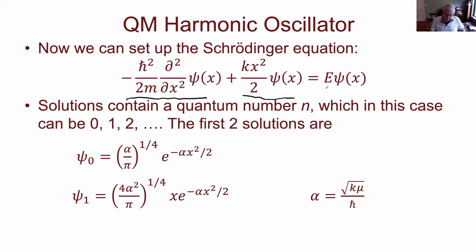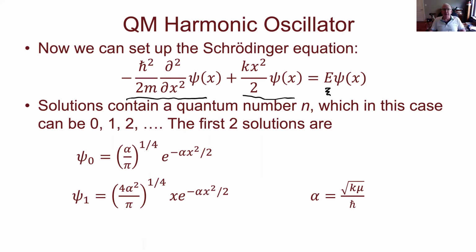When I do that, I get E over here, and that E should be the eigenvalue that's going to tell me the energy of the state for that particular wave function. The solutions to this particular differential equation will again contain a quantum number. If you go a bit more seriously into differential equations, you may recognize the fact that the solutions to this particular one involve something known as the Hermite polynomials.